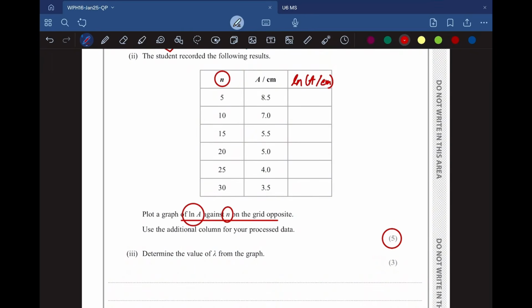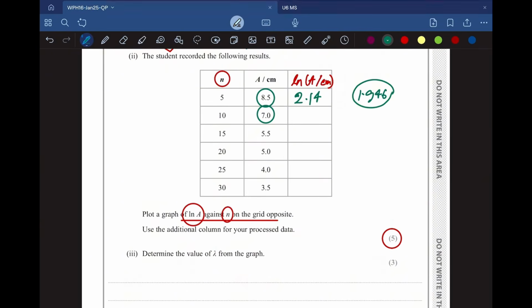Now let's figure out the ln A values on your calculator. If you write ln 8.5, the calculator gives me the value as 2.140, but I will write it down in 3 significant figures, as 2.14. Now when I put 7, it gives me a value of 1.946.